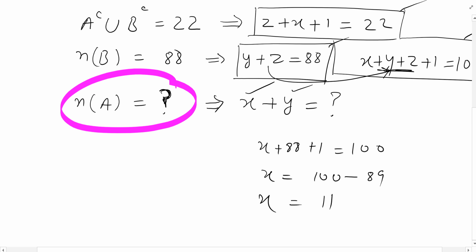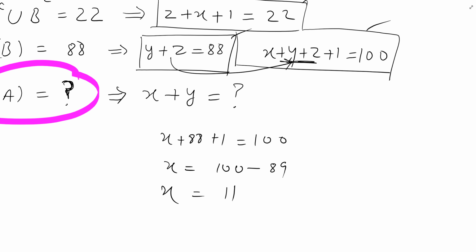We have to find y. In order to find y, you substitute 11 in one of the equations here, and then we go back and find the y. So let's find z now, because in order to find y, you have to know x and z, sorry.